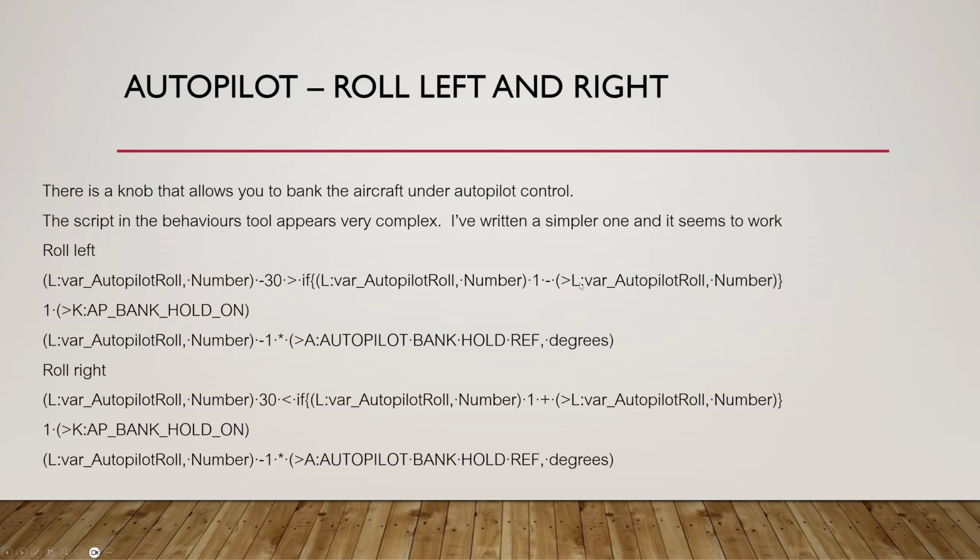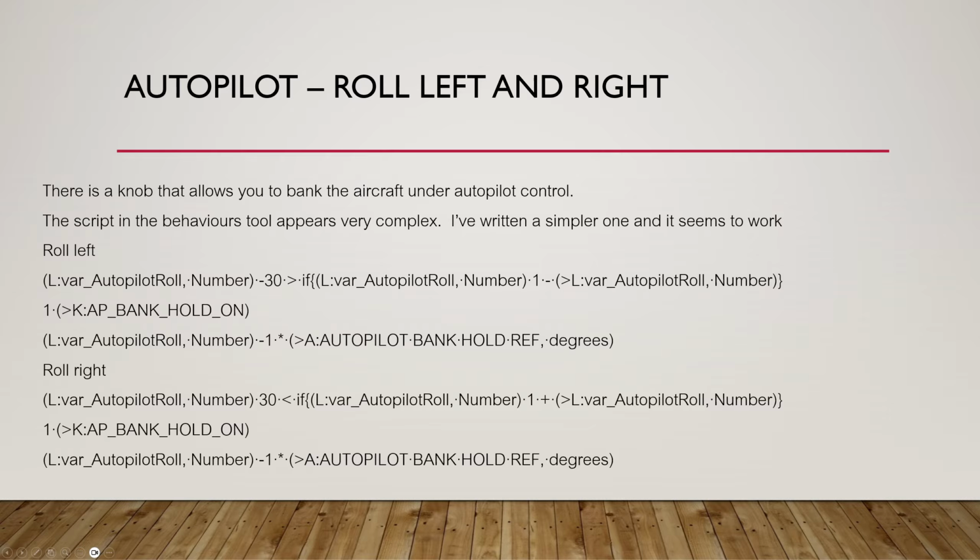So it just changes the variable so that it banks more, and it turns on the bank hold, and then it tells it what number to put into here to actually make it bank. It's fairly simple stuff. The roll right here, again, don't roll more than 30 degrees to the right, and if you haven't reached the limit yet, change it by 1 degree and inform everybody what's going on.